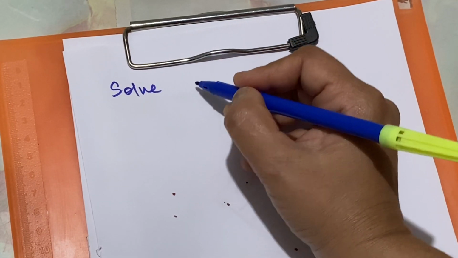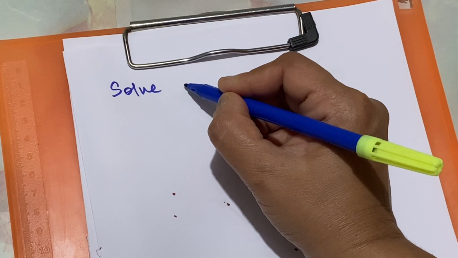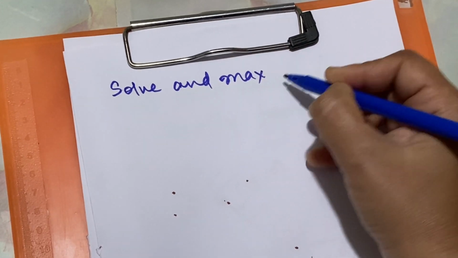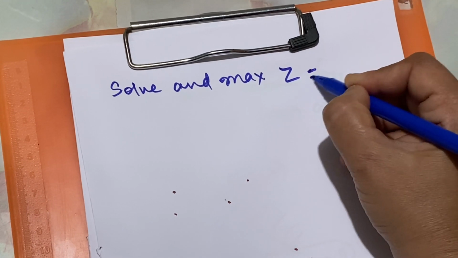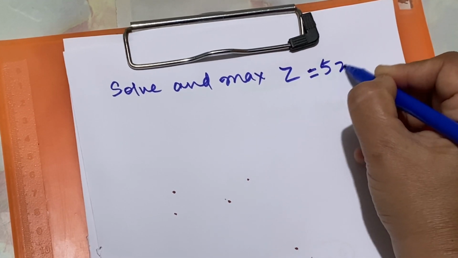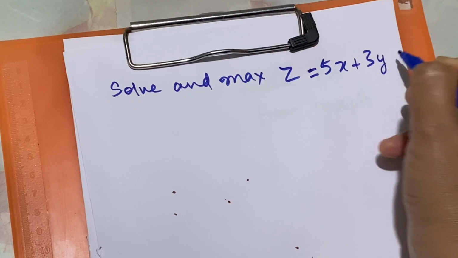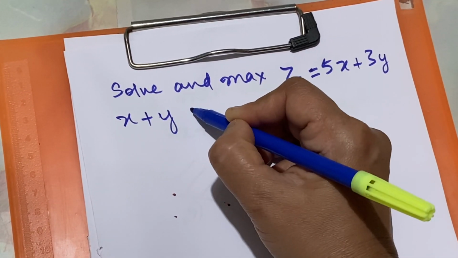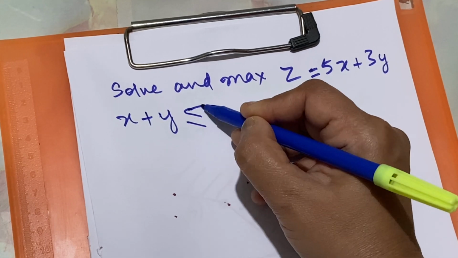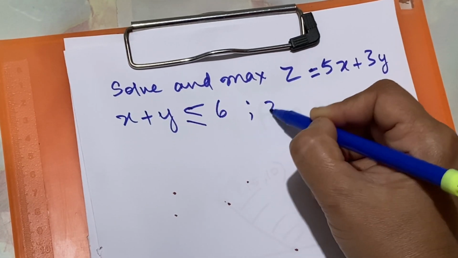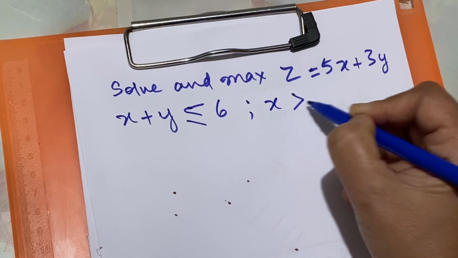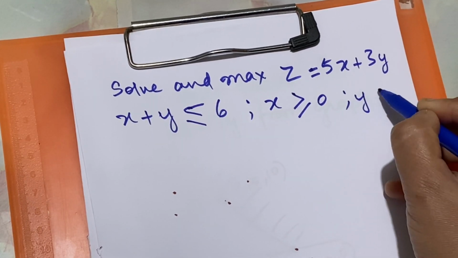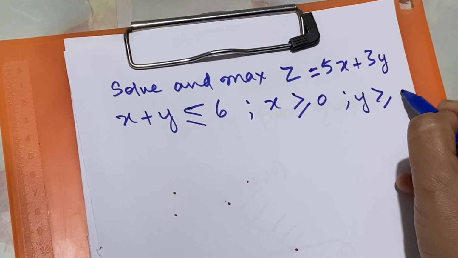Solve graphically and maximize the objective function z equal to 5x plus 3y. The constraints are x plus y should be less than or equal to 6 and x should be greater or equal to 0. Y should be greater or equal to 0.